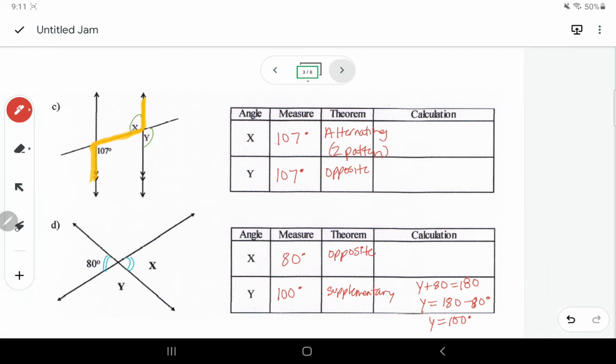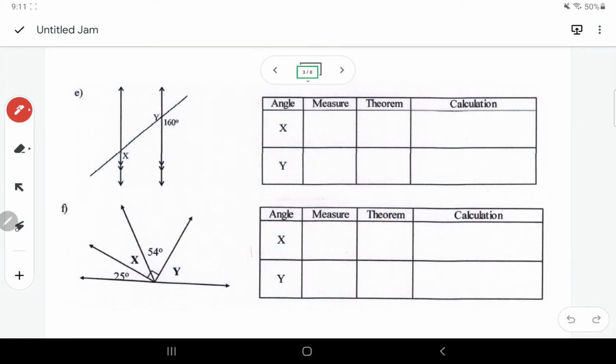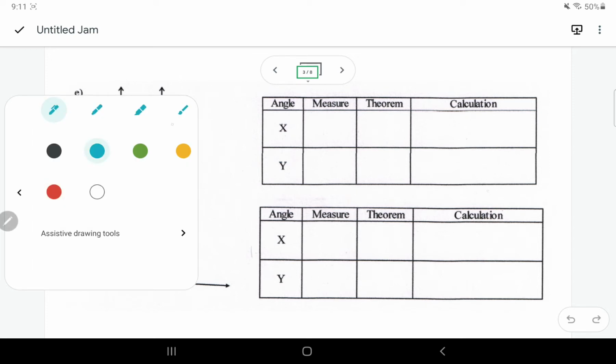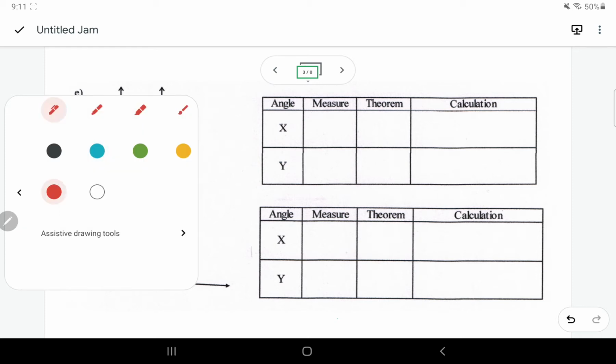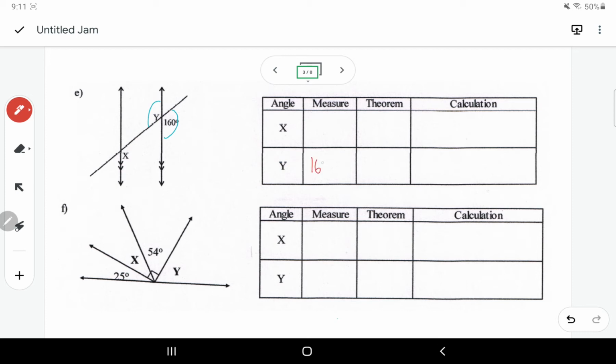For E, here I do see kind of immediately that Y is across from that 160. So that would be an opposite. So Y is 160 degrees with the opposite angle theorem, and then we see that X and Y make a Z pattern.